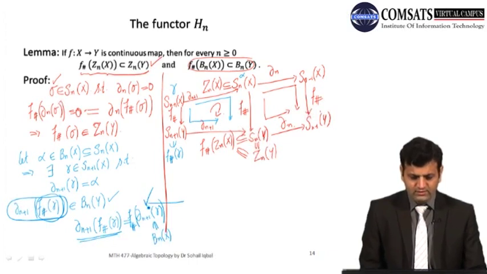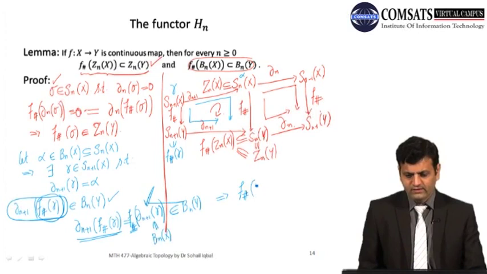So if you take any element of Bn of x, the n-boundaries in x, and apply f hash on it, then the image belongs to the n-boundaries in y. So this implies that f hash of Bn x is contained in Bn y.